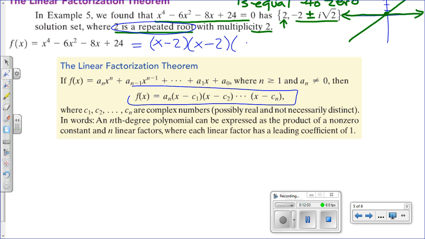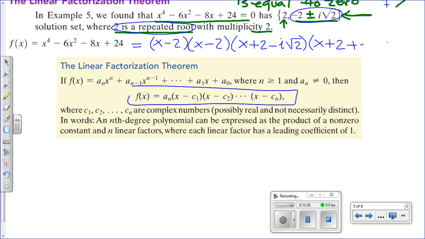And then we also had those imaginary zeros. So the factor will be x plus 2, and then let's say minus i square root of 2. And the last factor is going to be x plus 2 plus i square root of 2.